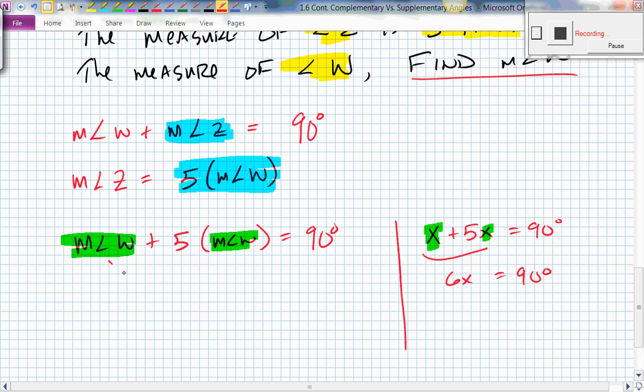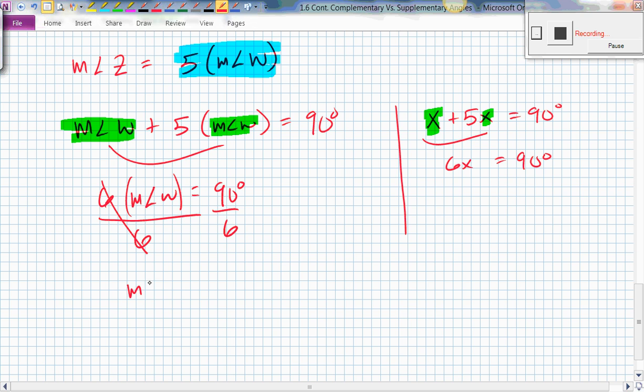So I'll do the same thing over here. 6 times the measure of angle W is equal to 90 degrees. So then I would divide both sides by 6, and I would have my answer. 6's cancel out. So that means the measure of angle W is equal to 90 divided by 6, which is 15 degrees.